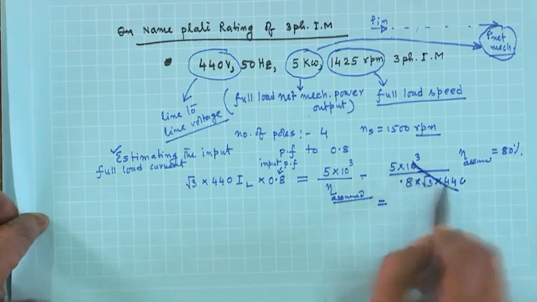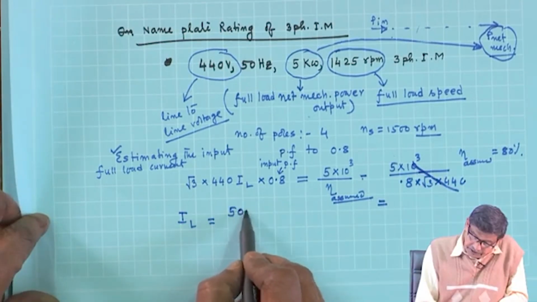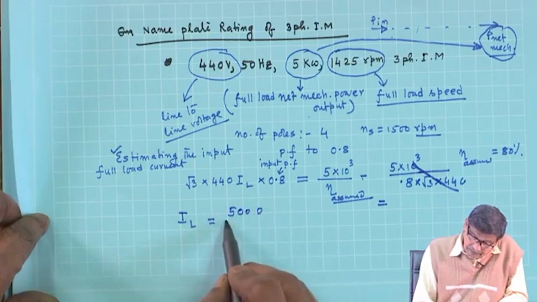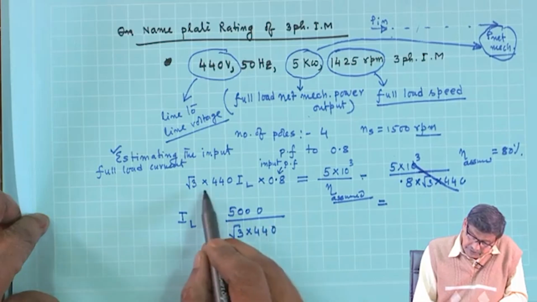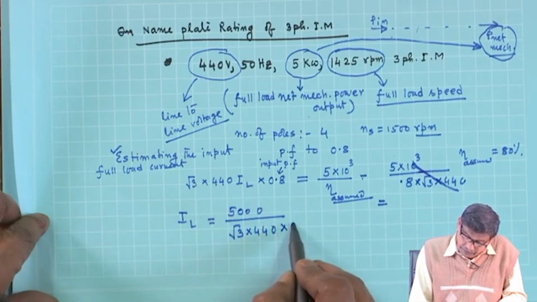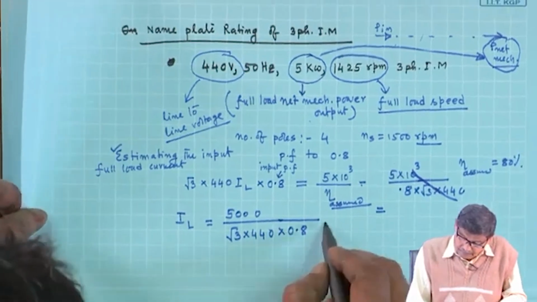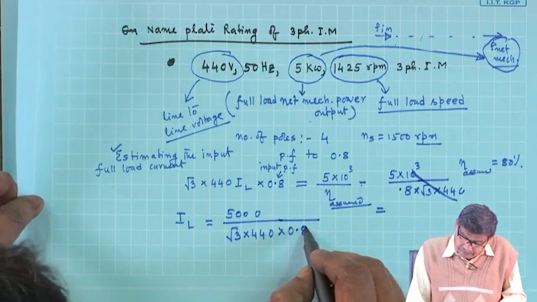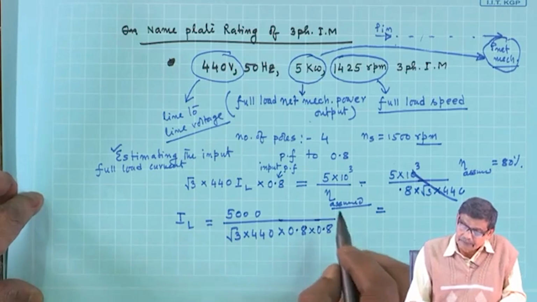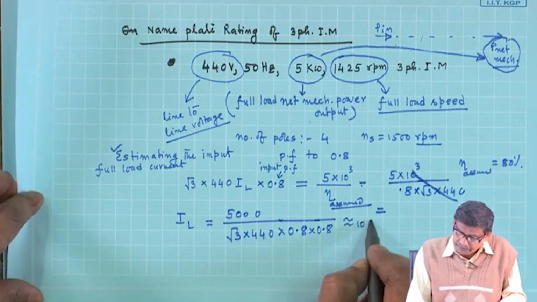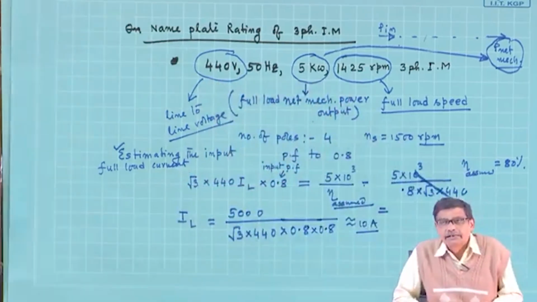Oh no, IL, let us calculate this in numbers. It will be 5000 by root 3 into 440 volt into 0.8, into 0.8 efficiency. How much is it coming? Approximately 10 ampere. So for this machine I am testing, I know its full load current is 10 ampere.